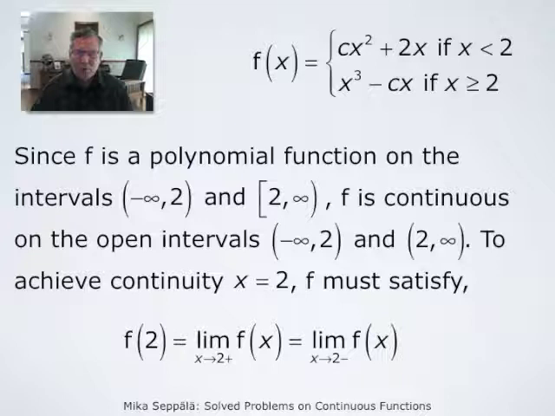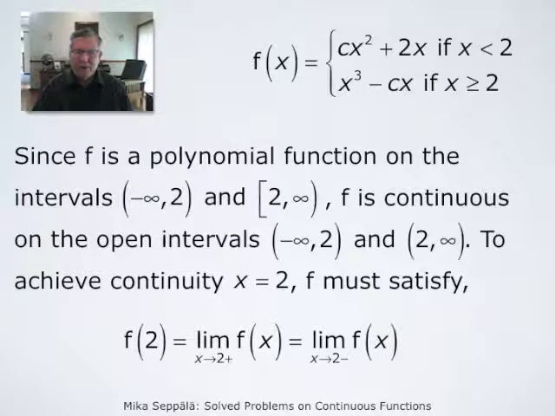To that end, it must satisfy that the value of the function at the point x equals 2 is the limit of the function. So the limit must exist. And now this is piecewise defined, so we have to compute one-sided limits.